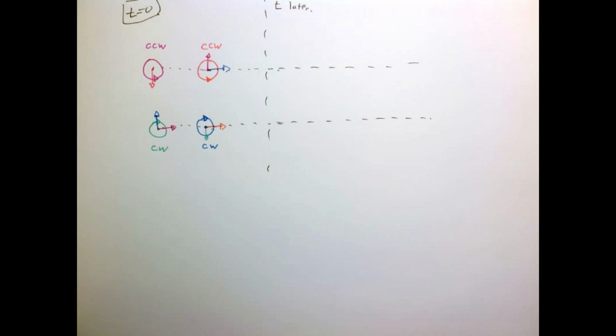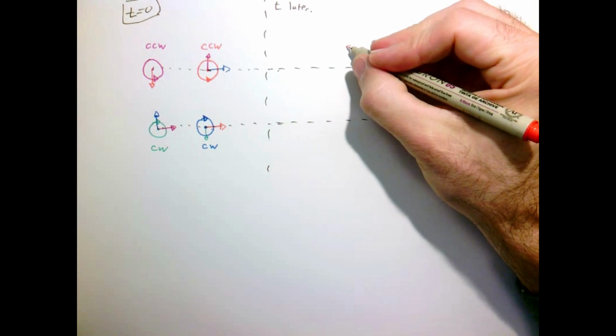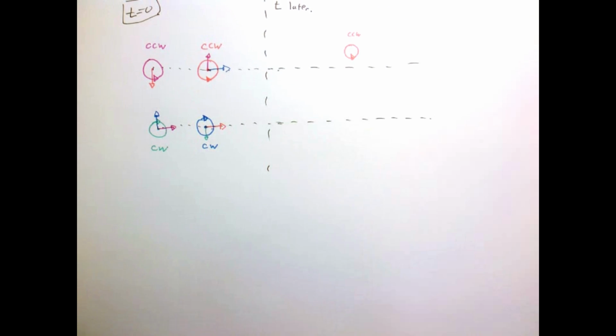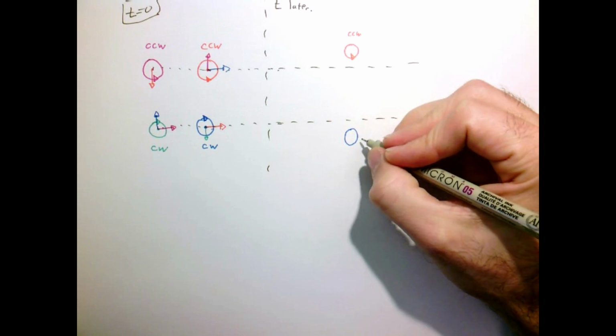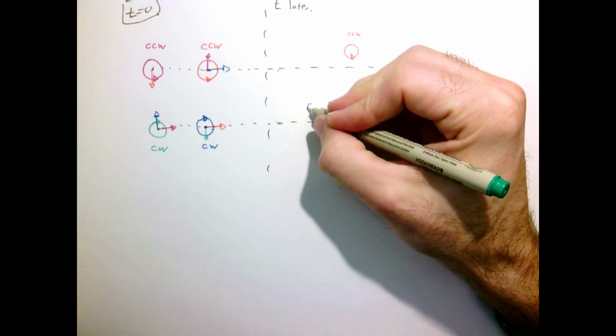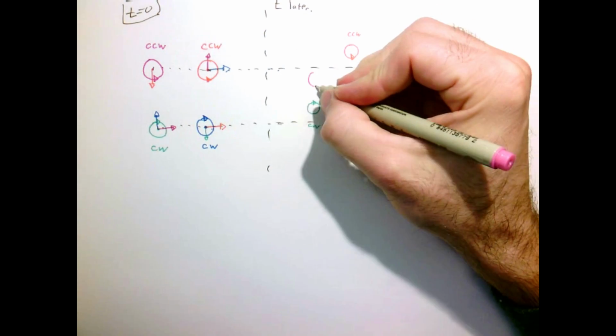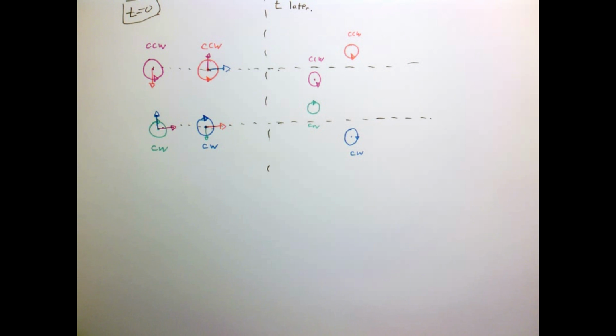At some later time, what that means is that this one is moved up there. So now the vortices have moved like that.